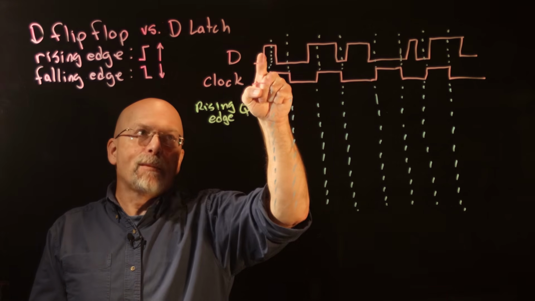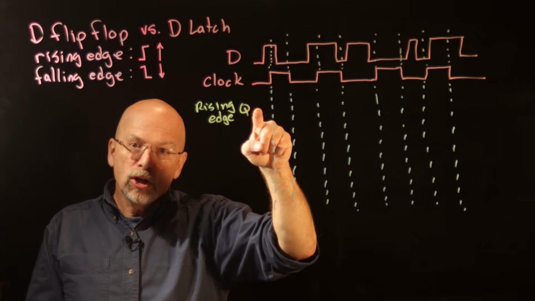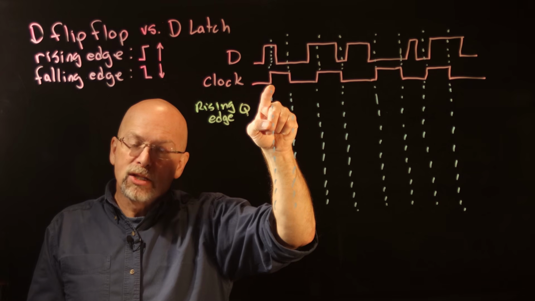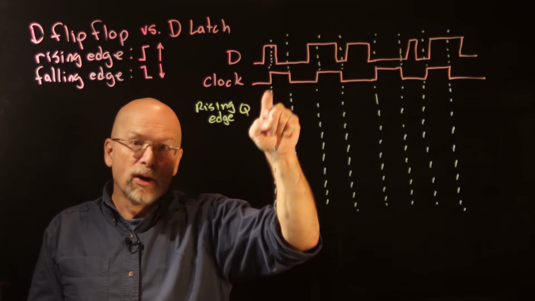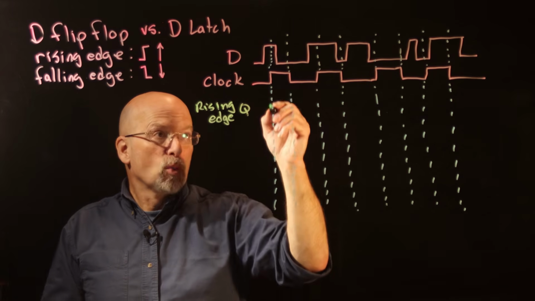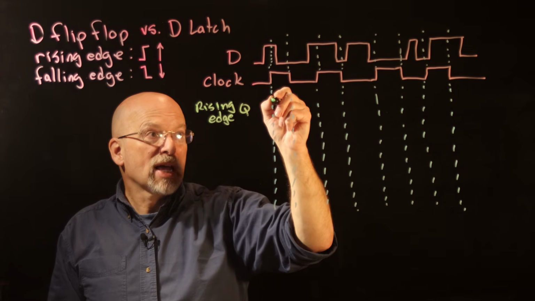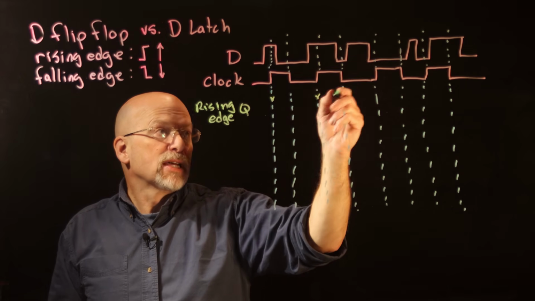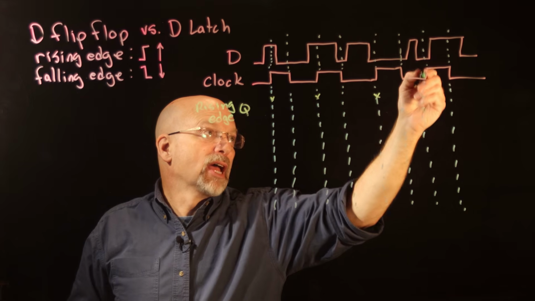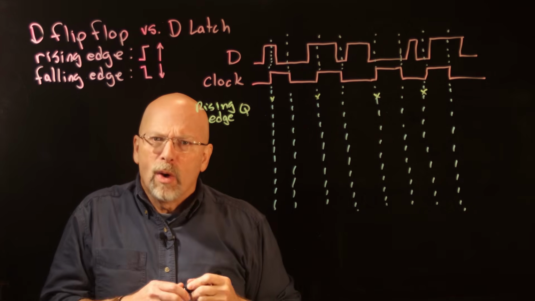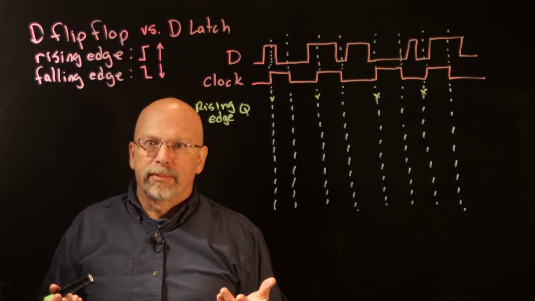What it did was it copied D to Q the moment we had a transition from a 0 to a 1 on our inputs. All right, so that means we are going to copy D to Q at this rising edge, at this rising edge, at this rising edge. Now, what happens between those rising edges? Not a thing.